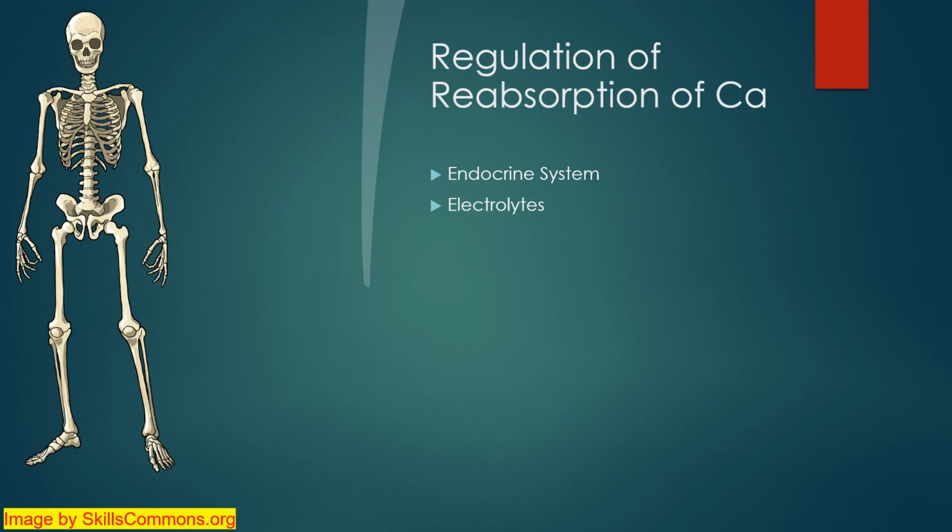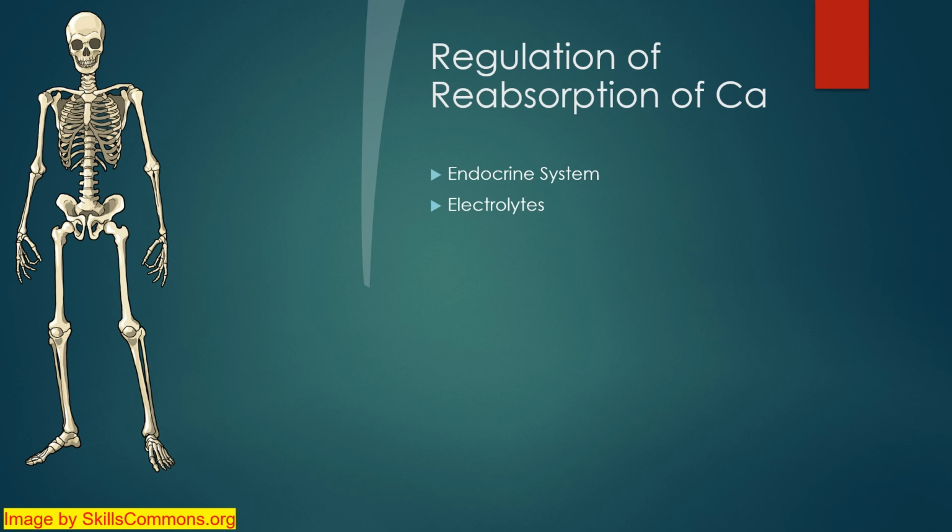Right, what about the regulation of the reabsorption of calcium? Okay, so parathyroid hormone is saying, hey, look, the calcium level in your blood is too low, right? When I talk to people about the endocrine system, I say, hey, pretend it's the body's news network. And so it's saying, whoop, this just in, calcium too low, right?